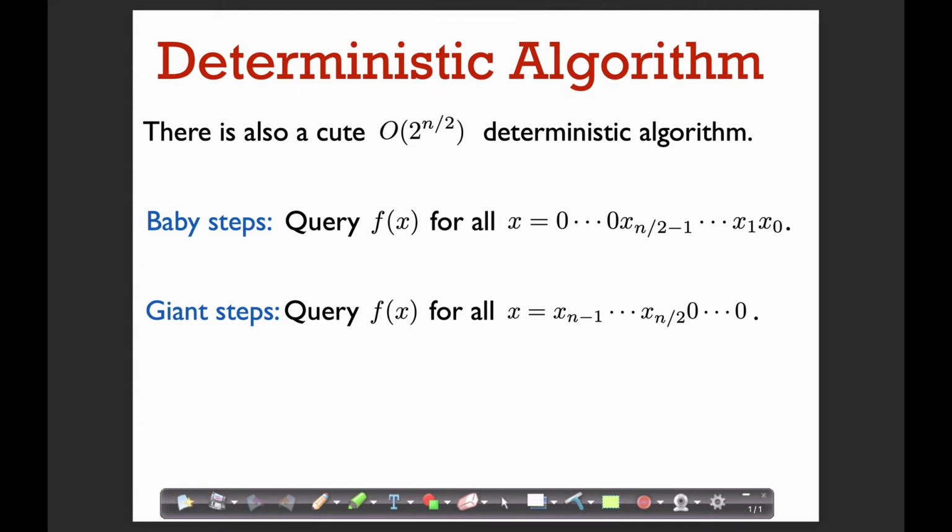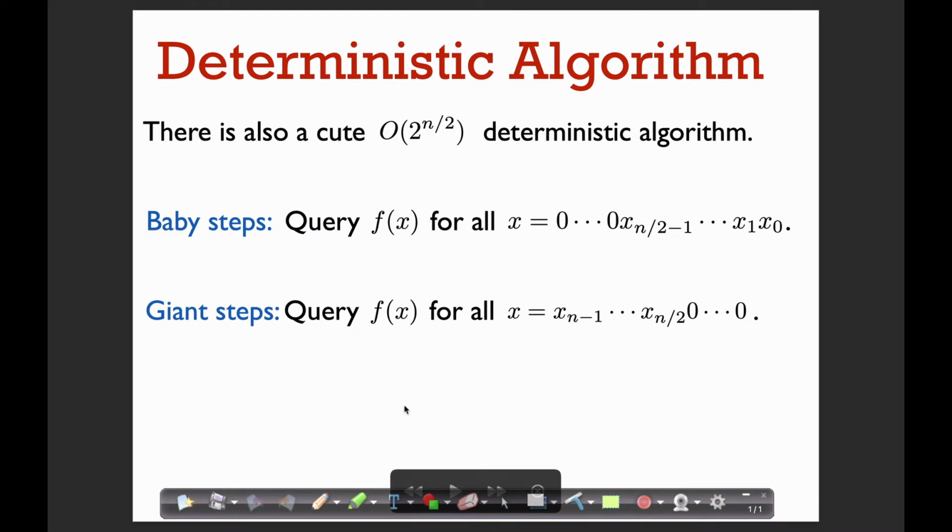This is part of a more general algorithmic framework called the baby step, giant step framework. Here's how it works. First, you query f of x for all bit strings x that have the most significant n over 2 bits set to 0.